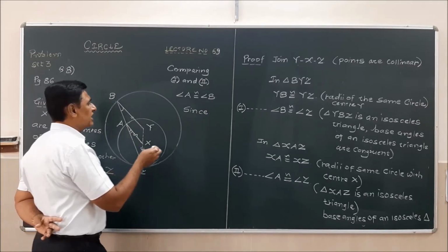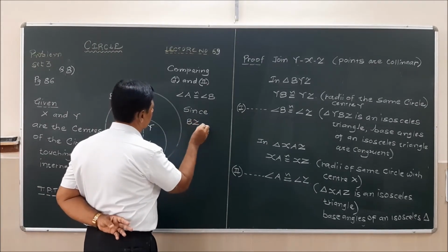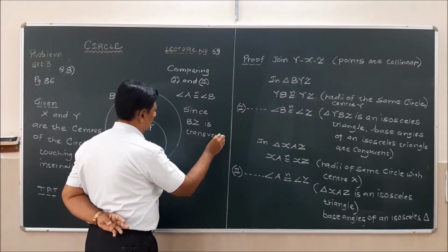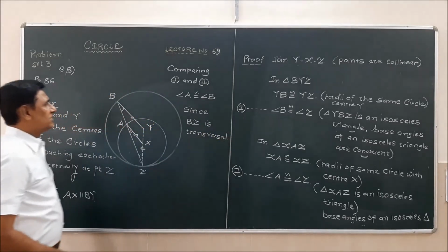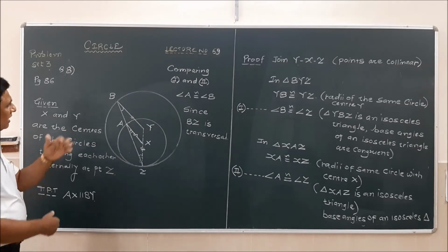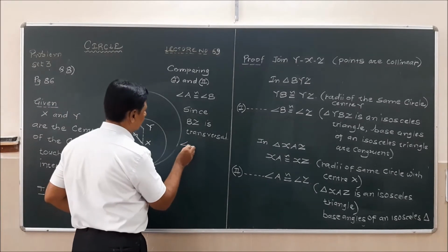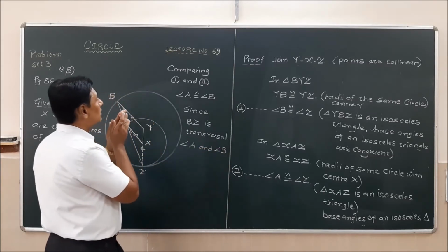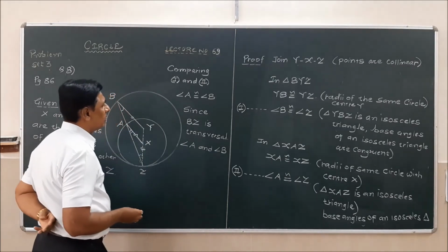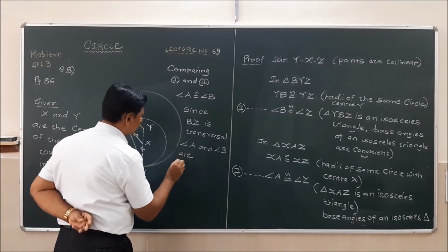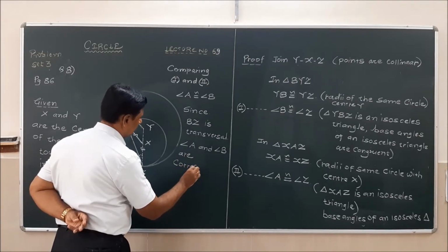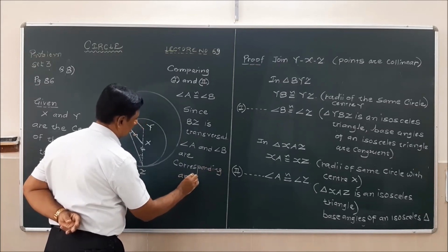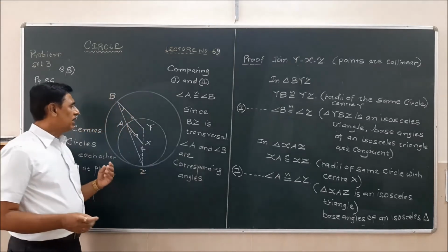Since BZ is transversal, angle A and angle B are corresponding angles.